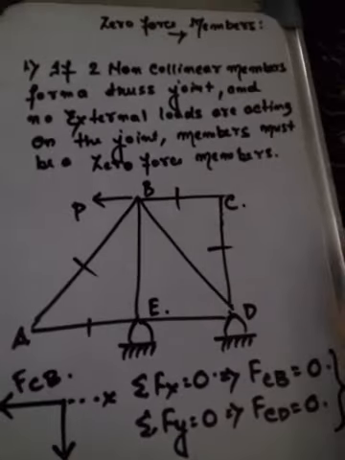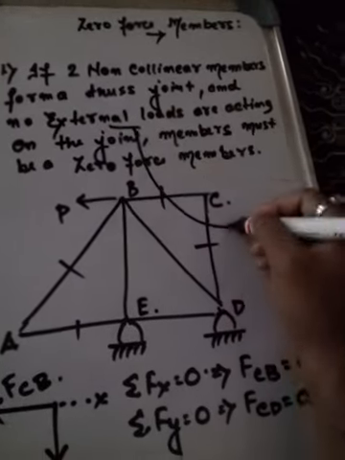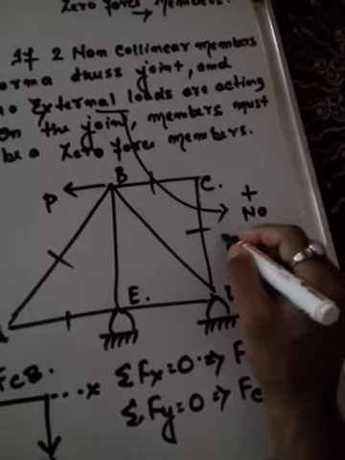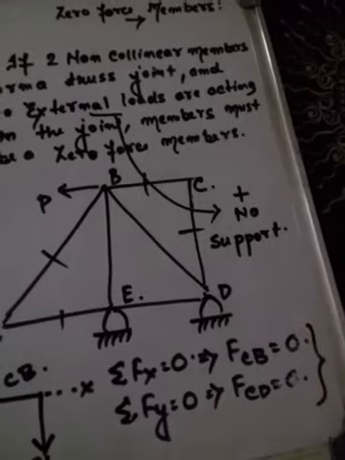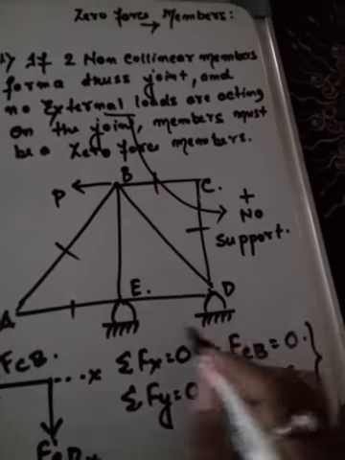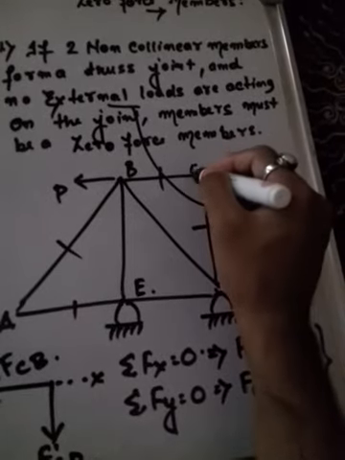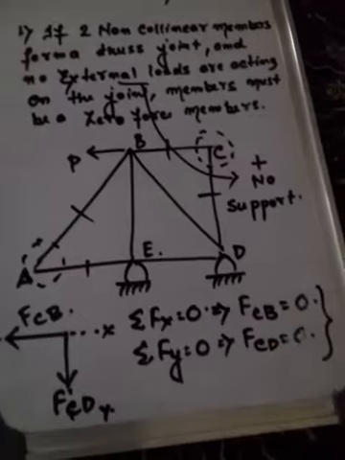So there is one more condition, that is no external loads plus no supports. At joints A and C you can see there are no supports, but there are supports at E and D. So for this kind of joint, these members will be zero force members.